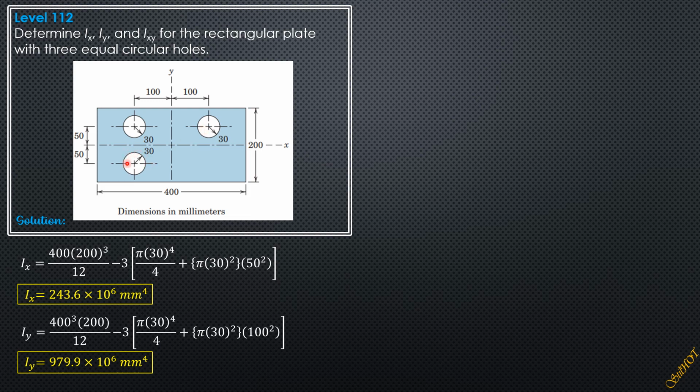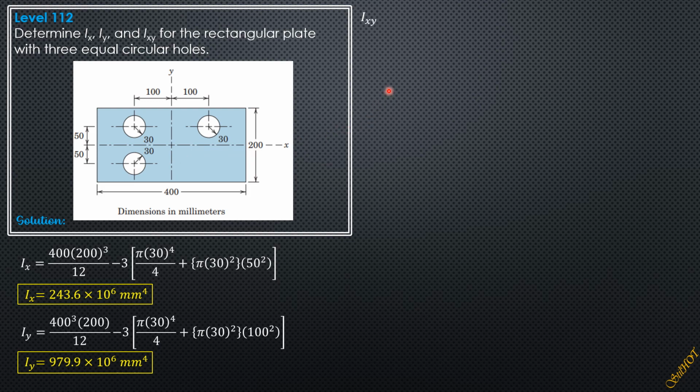So we only have this part, which is minus the quantity pi times 30 to the fourth over 4 plus area, minus product of inertia with respect to the centroid 0, then minus area pi 30 squared, with x-bar negative 100, y-bar negative 50.